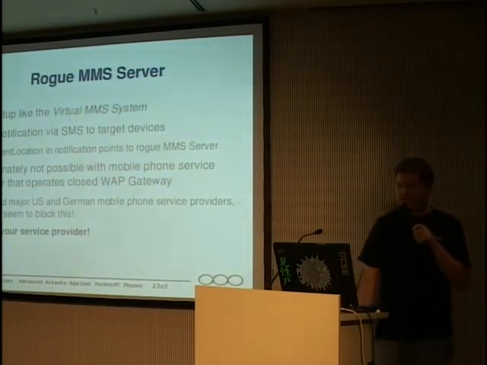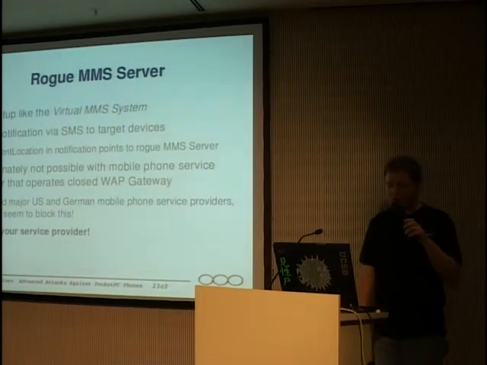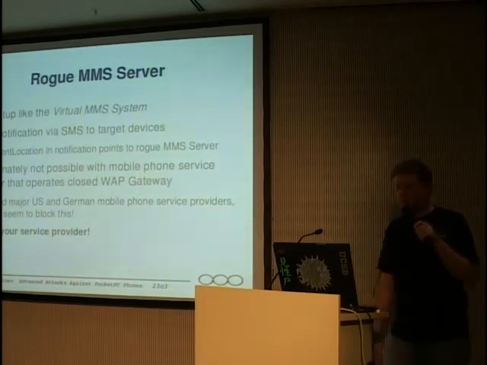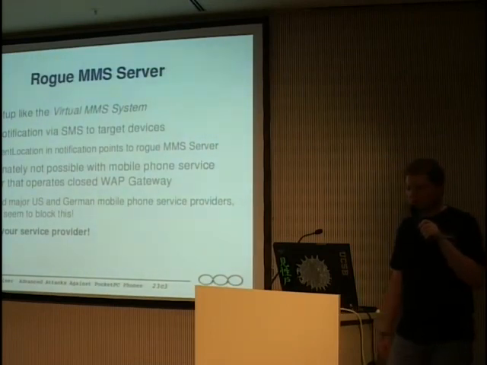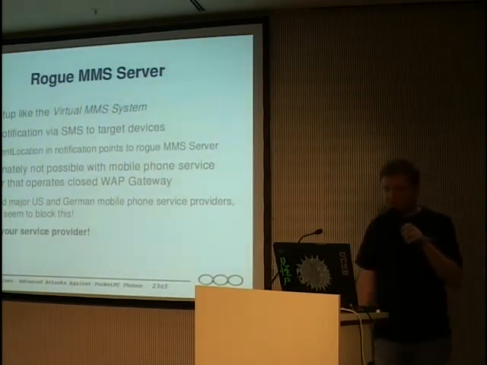But I did most of my testing in the US, and for some reason, even though I was told the WAP gateway could go to other IPs and get MMS messages from there, I wasn't really able to do it. It wasn't that much of a focus for me, so I didn't do the testing very well.